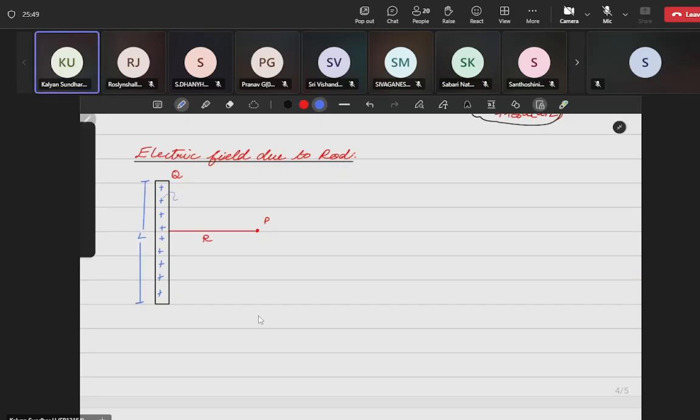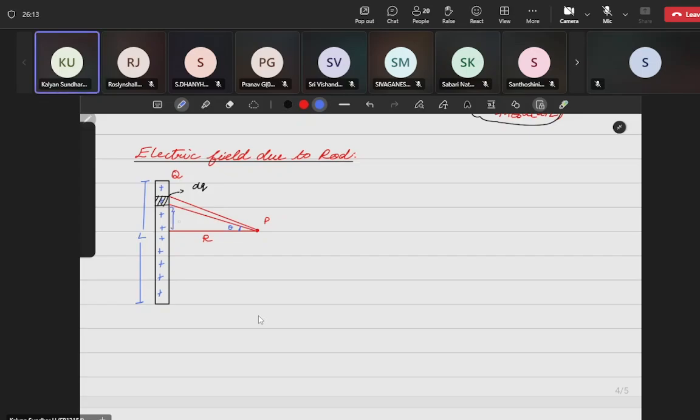So here what I'm going to do is take a small portion, which let me call dq. Due to this dq, I'm going to find what will be the electric field at this point, right? So let this make an angle theta.